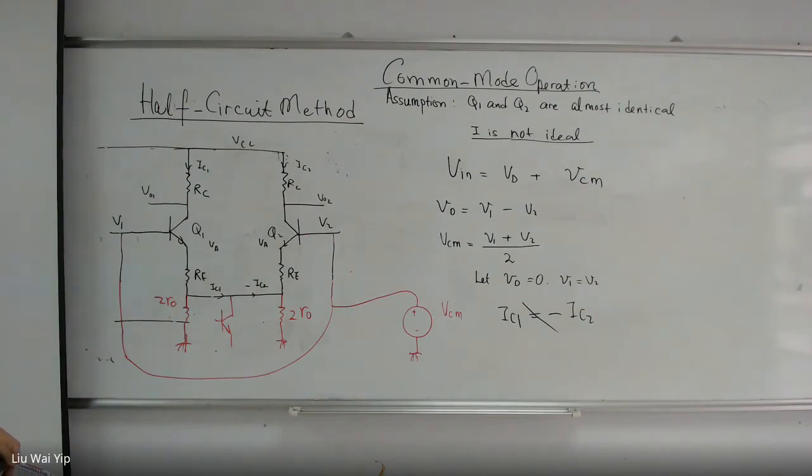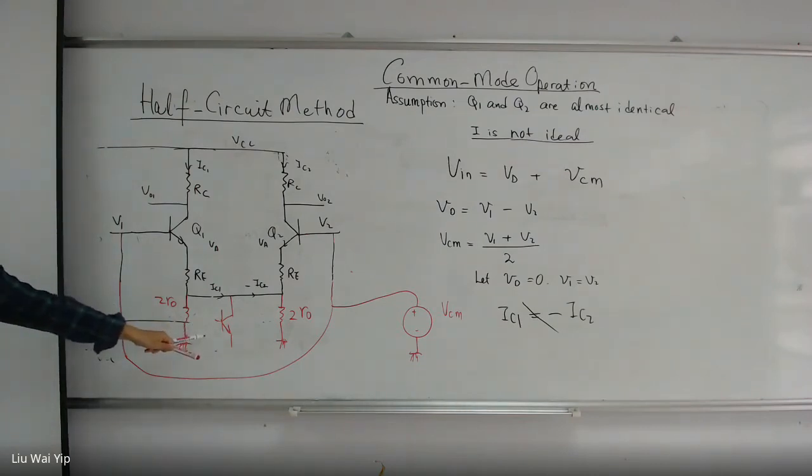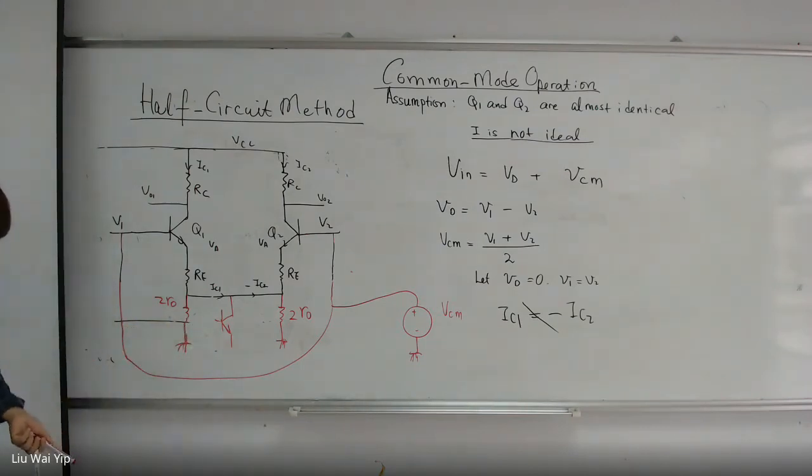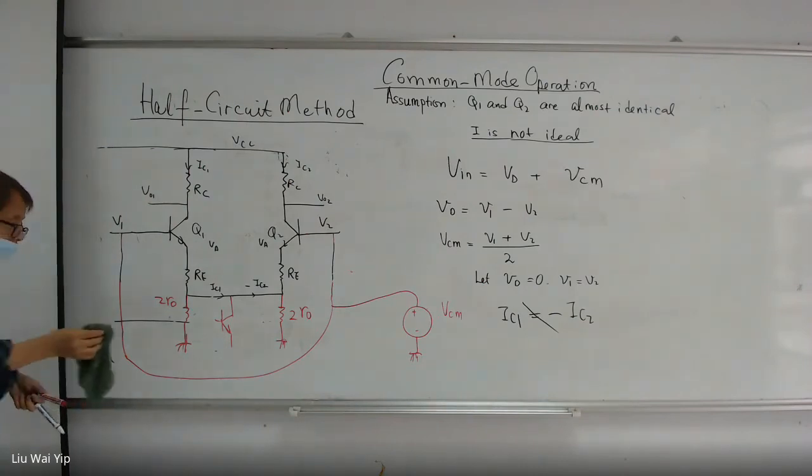Yeah, we treat the independent current source as open circuit, and we treat the independent voltage source as short circuit. So this is the rule of small signal analysis. So this one is the current source, but no matter how I deal with this, it's open circuit.